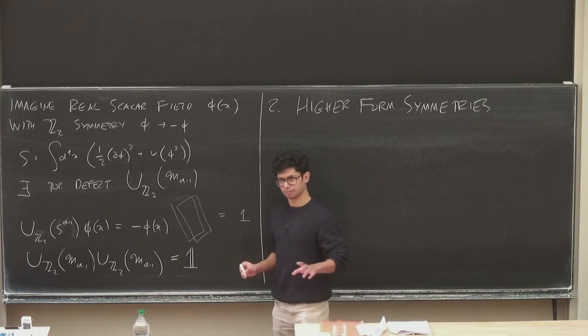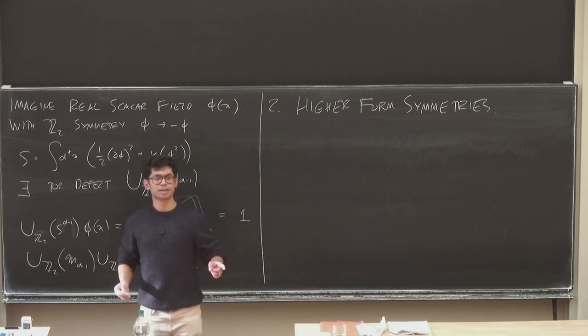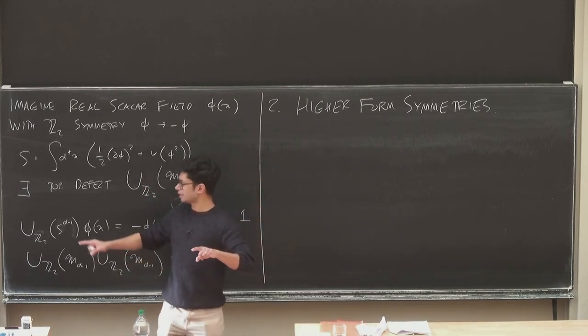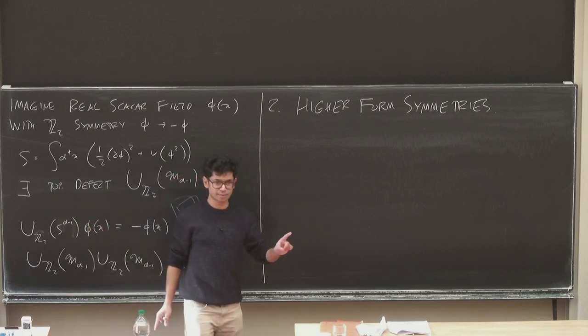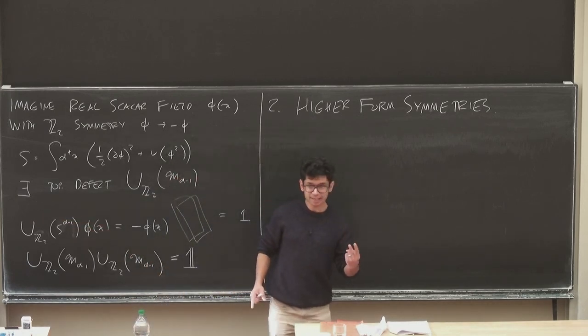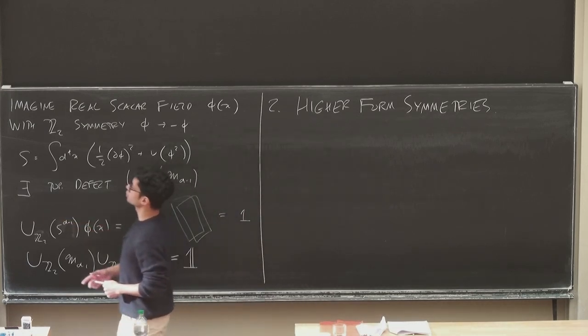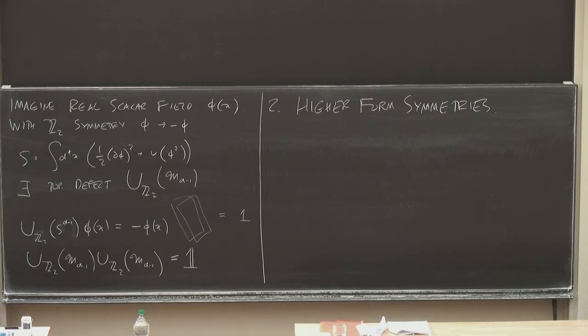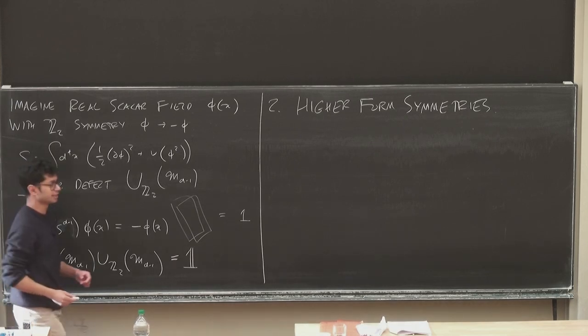Okay? The first one we're going to do is generalizing it so that the dimensionality of this is different and no longer codimension 1, and we'll see what that means. The second thing we're going to do is generalize it so that the composition law that we have will change and no longer be a simple group composition law like that one. Okay, these are the two directions we're going to take in these lectures.